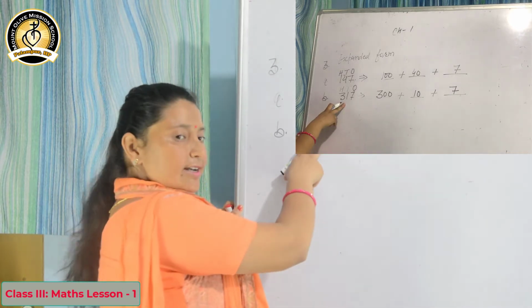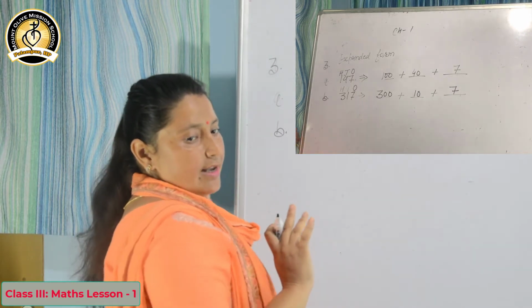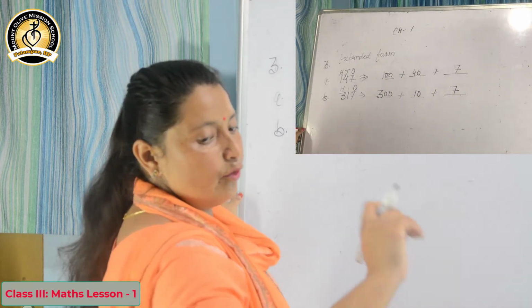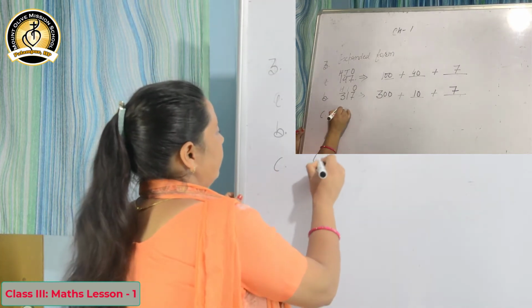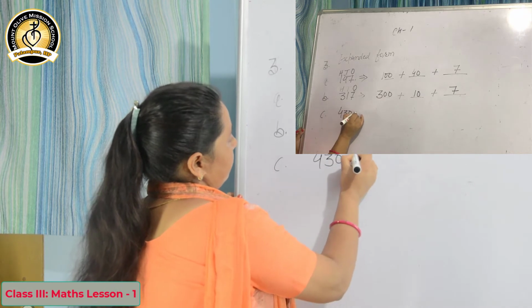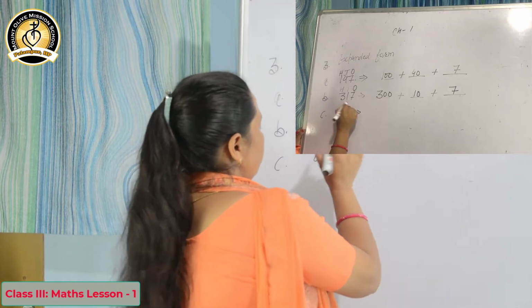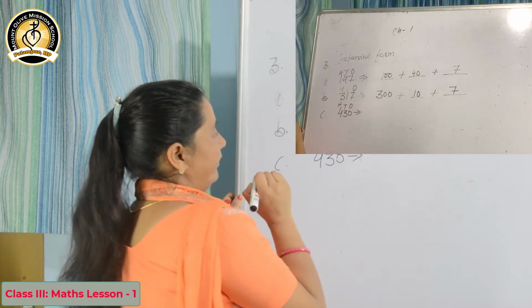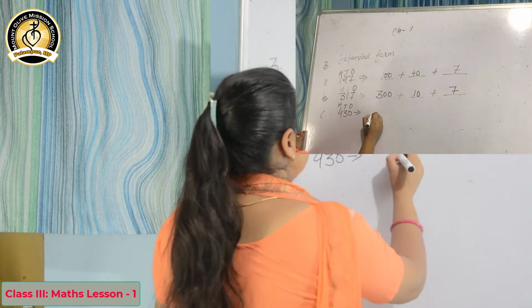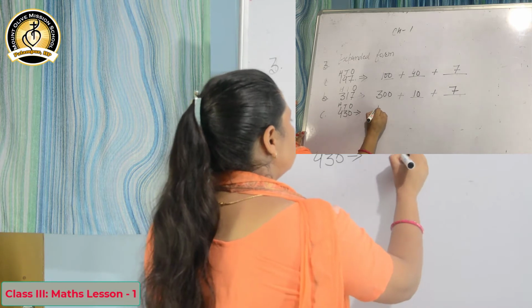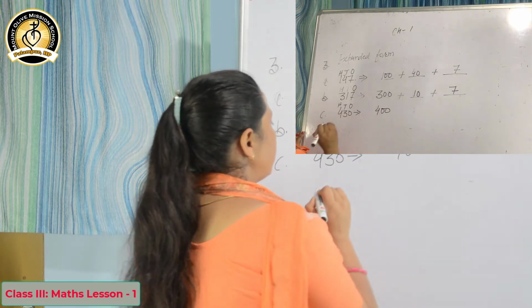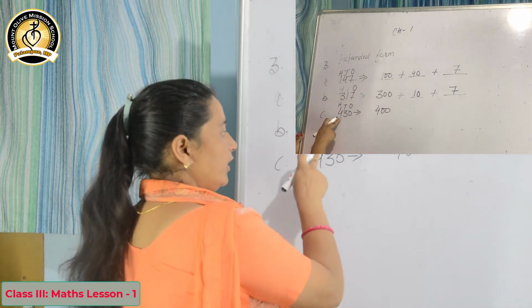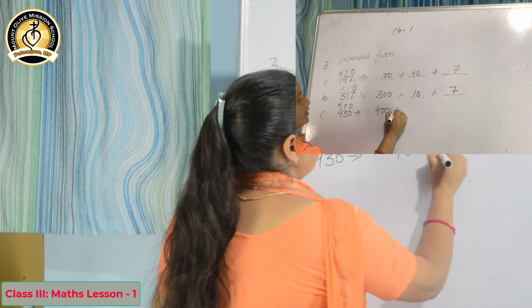Same as part C, 430. First of all, write ones, tens and hundreds. What is the place value of 4? 400, so write 400.